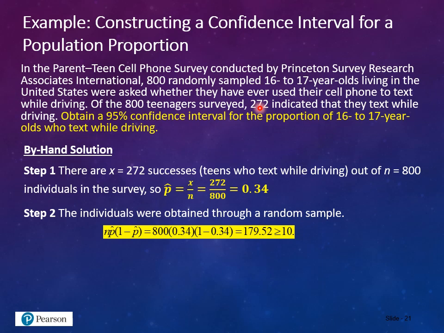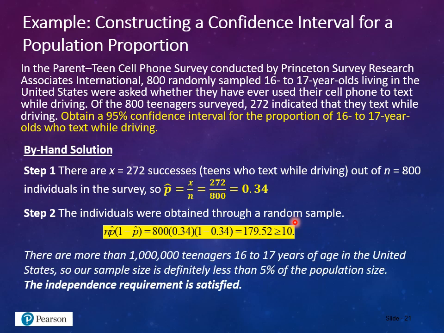The individuals were obtained through a random sample. Again, we have to confirm this, so we plug in the numbers. n is 800, p hat we just figured out is 0.34, times 1 minus 0.34, and we get 179, which of course is greater than or equal to 10. We can assume that there are, well, here this says there are more than 1 million teenagers 16 to 17 years of age in the US.